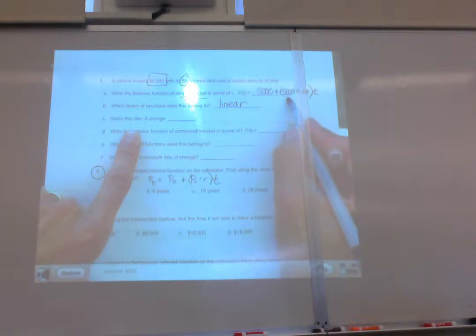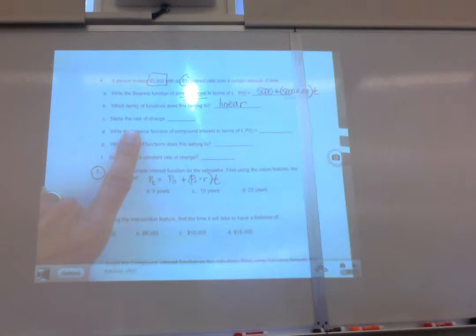Let's simplify this a little bit. Rate of change is going to be in front of the T. Let's actually multiply that on out. 5,000 times 0.08, 400 is what I get. Did everybody take 5,000 times 0.08?